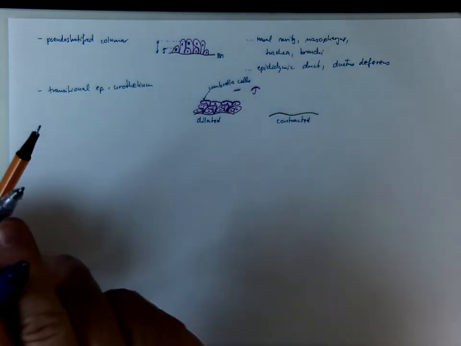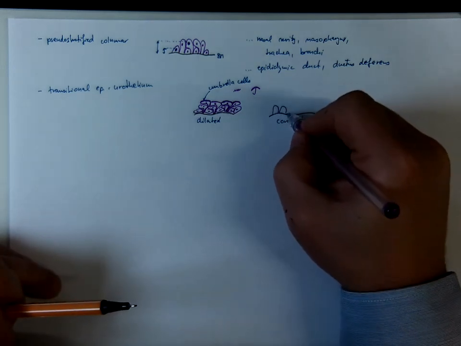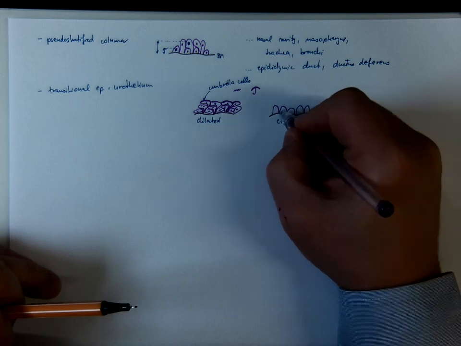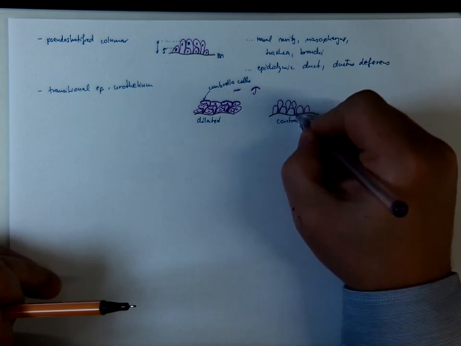While a contracted urinary bladder looks a little bit different. The cells are taller, they are sliding over each other.